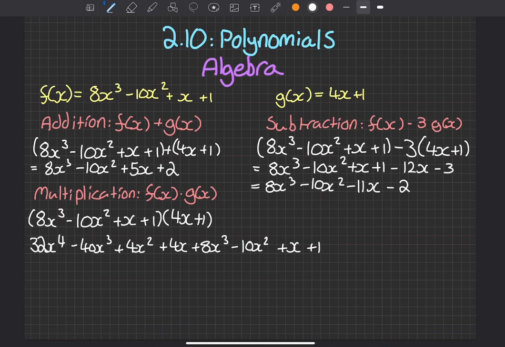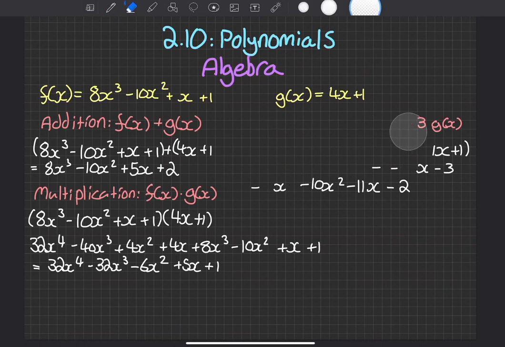And then we just combine the like terms as usual. So it's 32x to the power of 4 stays the same. The minus 40 plus 8 becomes minus 32x to the power of 3. The plus 4 and the minus 10 will become minus 6x squared. Plus 4 plus 1 is plus 5x. You just have your plus 1 at the end, right?